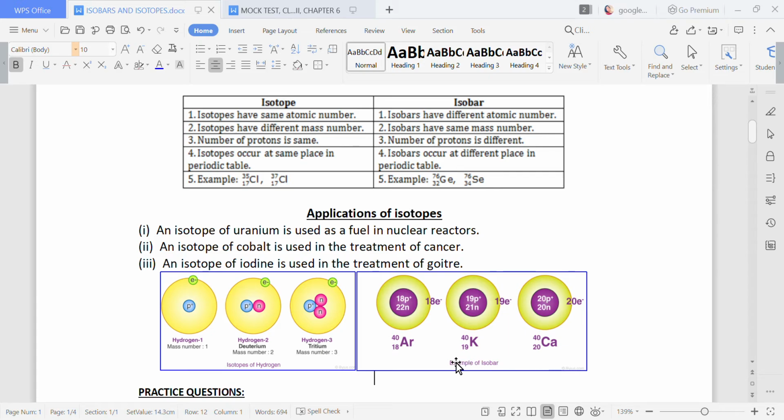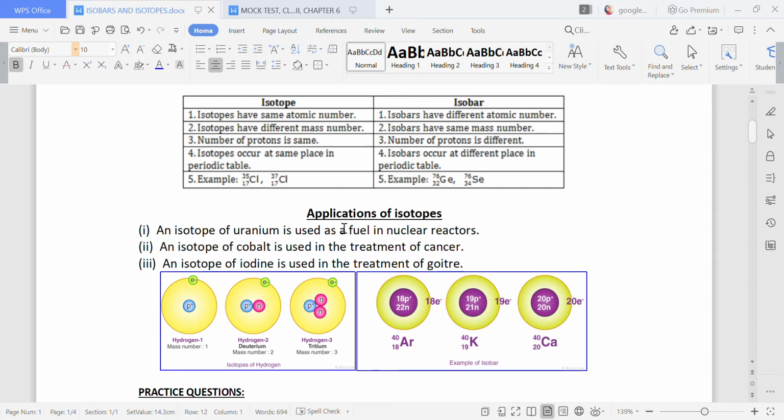So what is differing here? The symbols are different, their atomic numbers are different, only their mass number is the same. So this is representing the isobars.